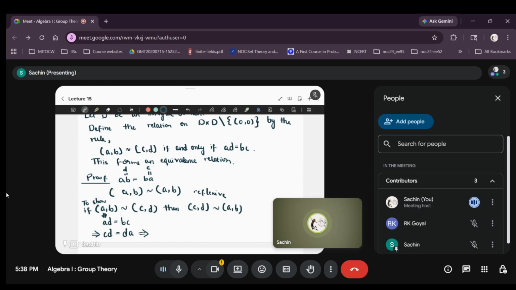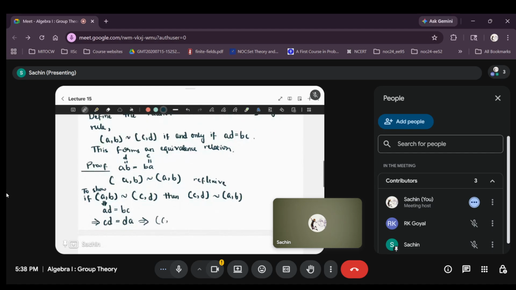What this implies is CD is related to AB. So that shows symmetry.